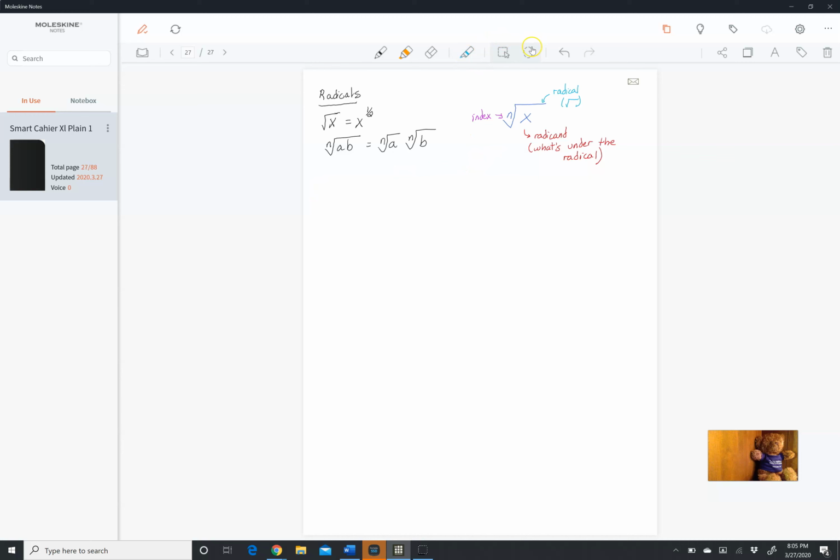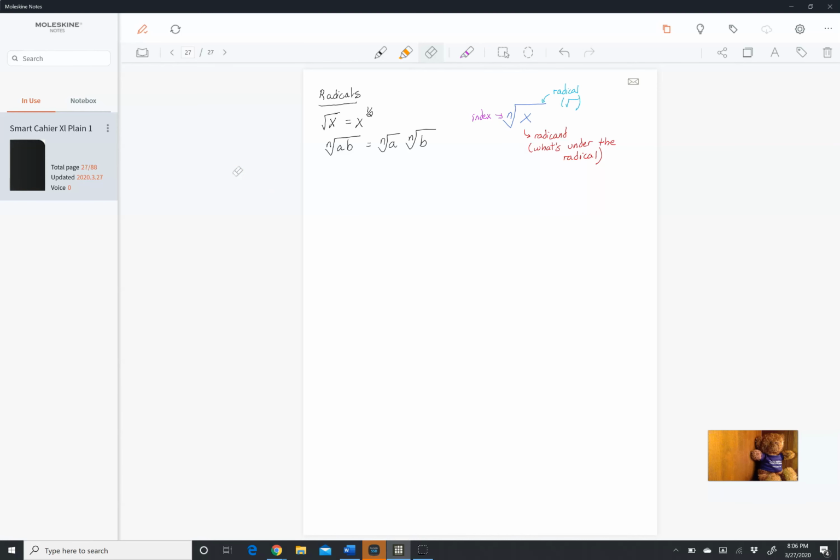Okay, let me make this a little bit clearer. It got a little off center there. So whenever you see a symbol like this, we're saying that we're working with radicals. Here, the index is what's inside of here. So the n would be the index. Now typically, I'll put this in the same color that I put the index in, which is this one.